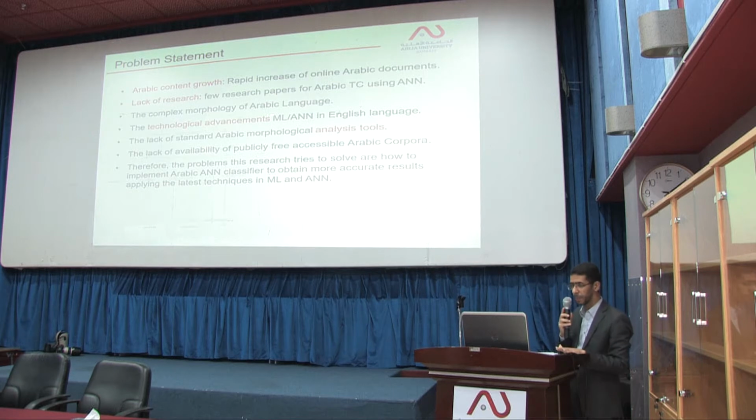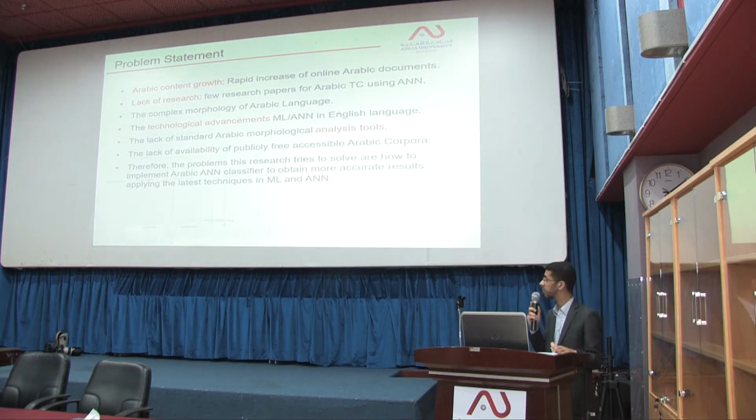Here is the problem. As I read a lot of literature related to this topic, there are a lot of gaps. For example, in Arabic content growth, there is a rapid increase of online Arabic documents, which needs some processing. There is a lack of research in Arabic text classification.